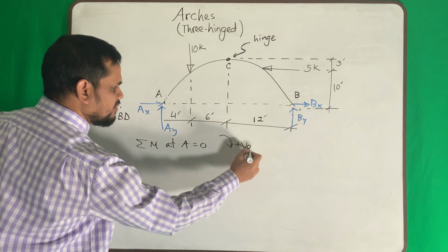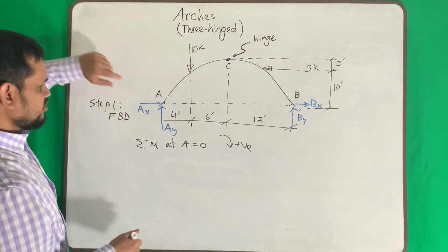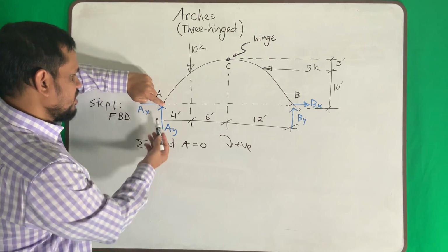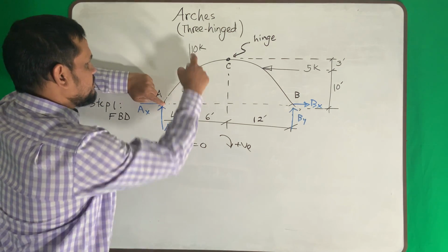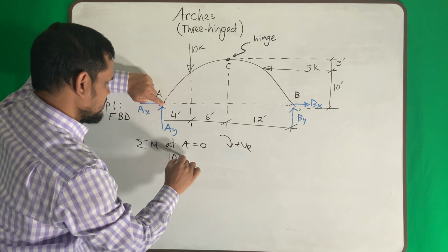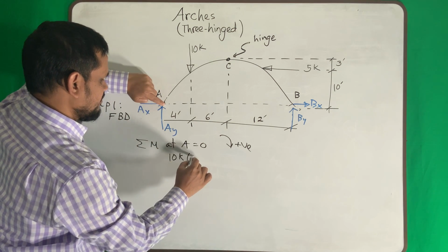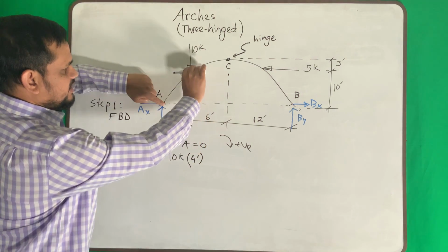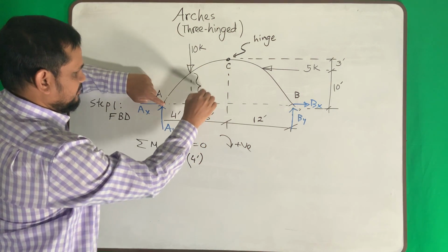Assume clockwise moment positive, that way positive. So I'm taking moment here. This force and this force will not come because they are going through the same point. First force is 10 kip. So 10 kip, distance is 4 feet. Again, this distance is not this distance.